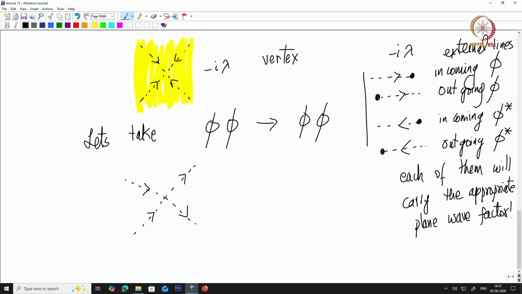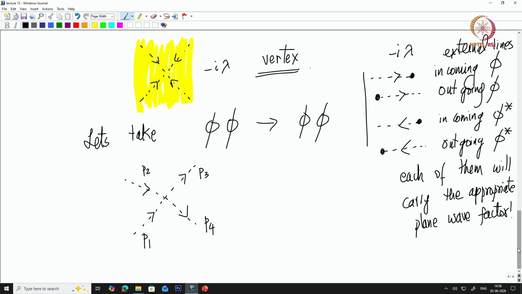For each of them I have to define its own plane wave factor, so each will have its own momentum P1, P2, P3, P4, and this is exactly the vertex we have seen here. This amplitude I need to calculate. There are no internal lines because all of them are external lines, because phi comes, interacts and then goes away.